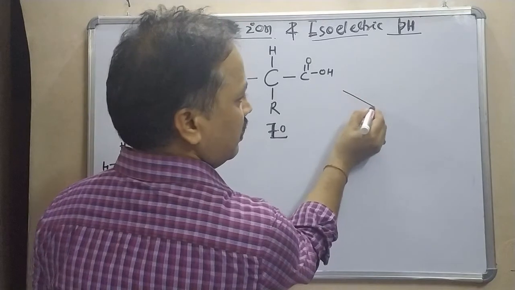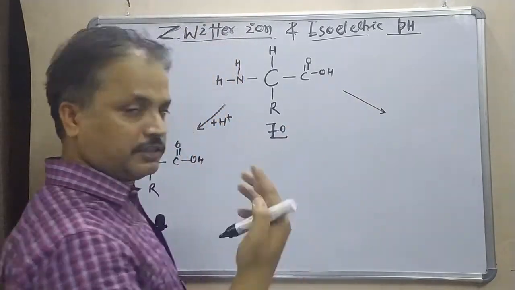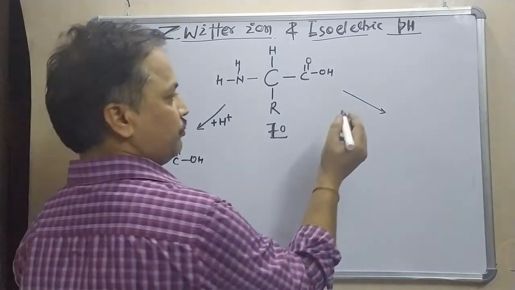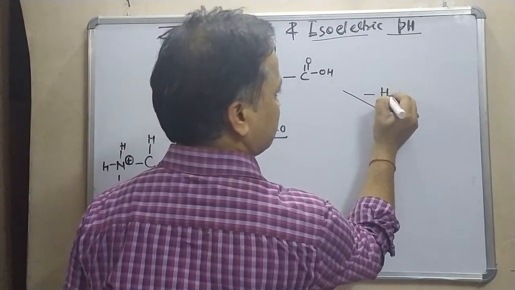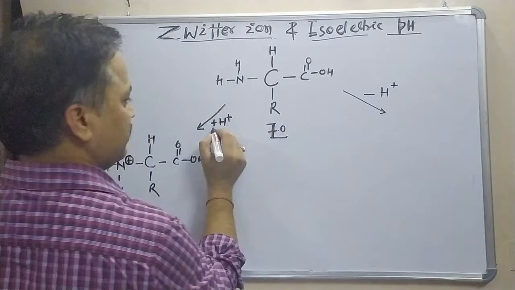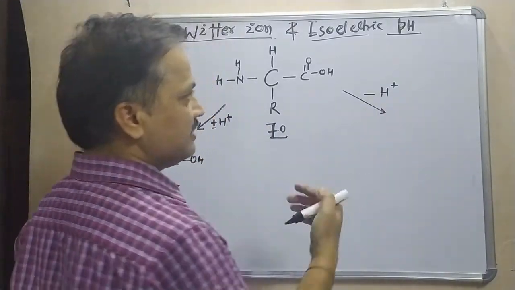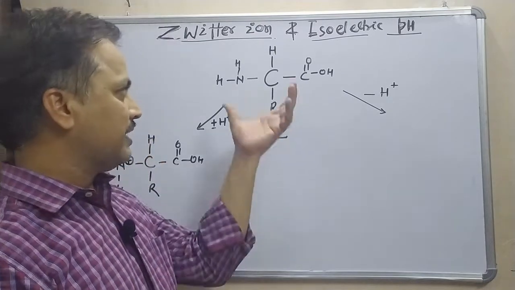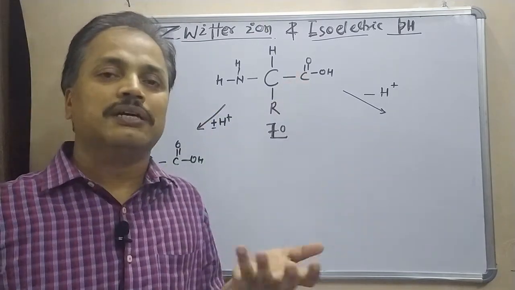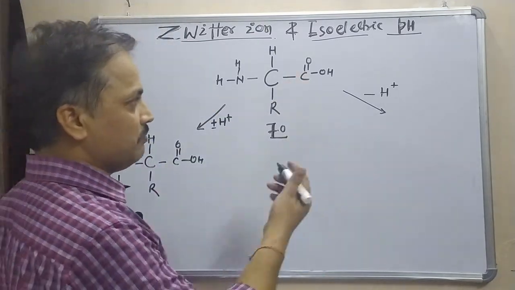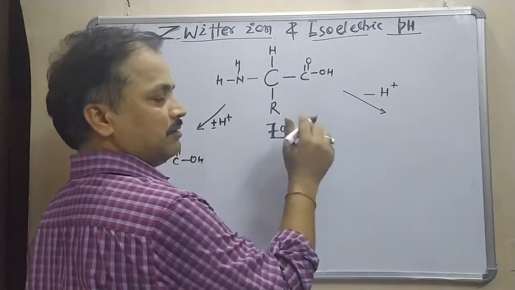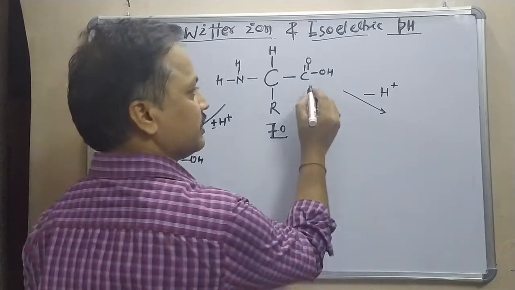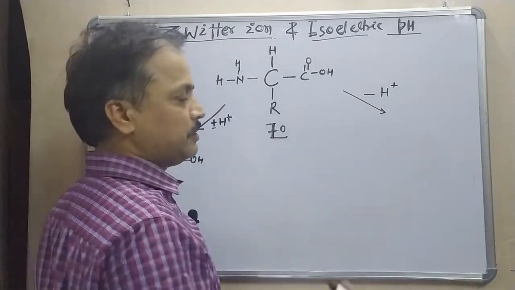Similarly, if we increase the pH, H plus ions are going to decrease. Here H plus ions increase, here H plus ions decrease. When H plus ions decrease, the amino acid will lose its H plus ion, because the acid group normally donates H plus ion.